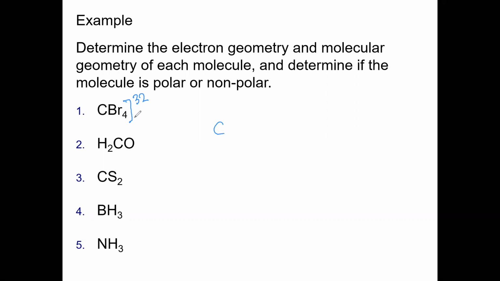If we have 4 single bonds first to our different bromines, and we draw out the rest of our electrons around our terminal atoms to give them an octet, we see that we've used up all 32 of our electrons, and all of our atoms, including the central atom, have an octet. We know that this actually forms a tetrahedral geometry, so this is incorrect the way it's drawn two-dimensionally, but this shows it actually forms a tetrahedral geometry. That is something more like this.